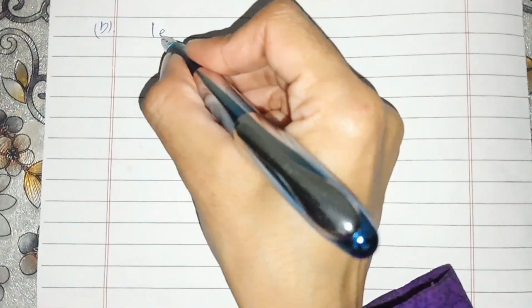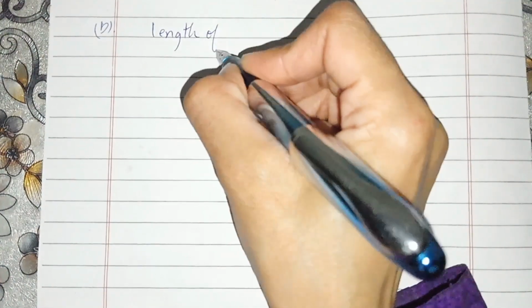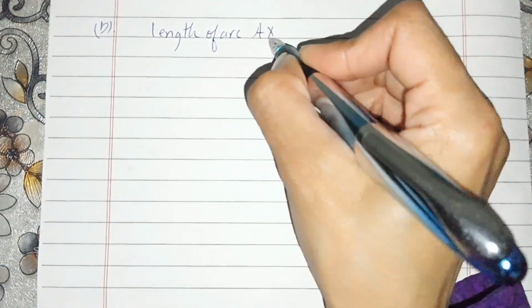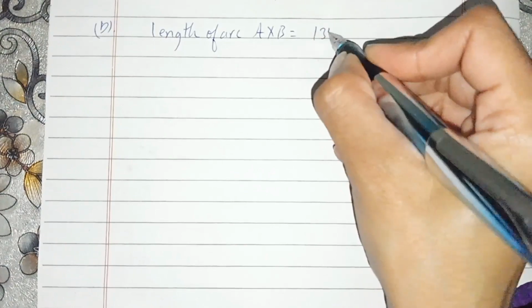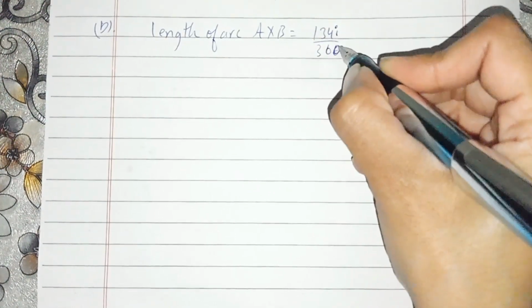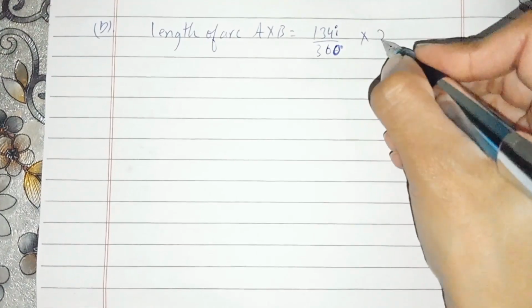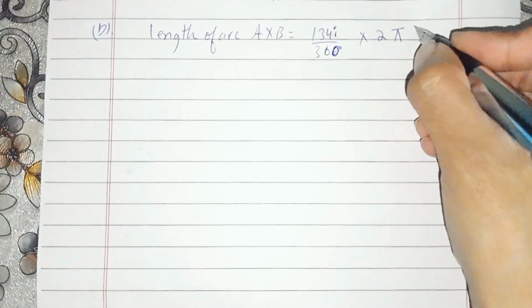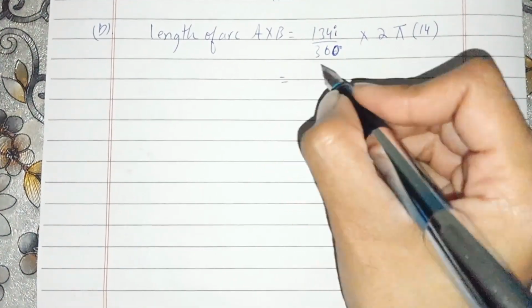We have to find the length of arc AXB, which is 134 degree divided by 360 degree and multiply by 2 pi, and r is 14.